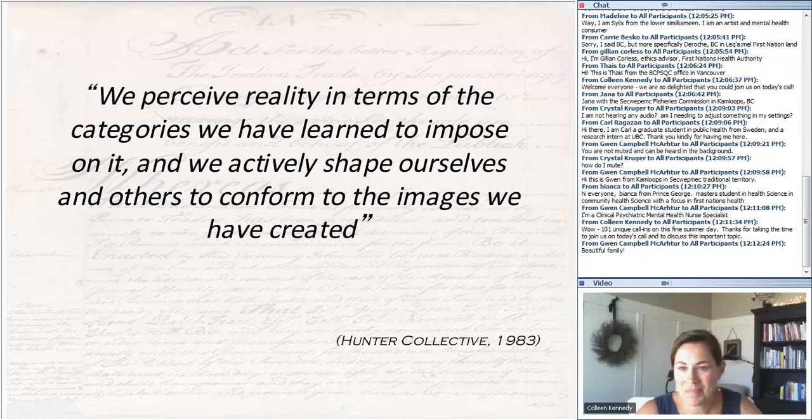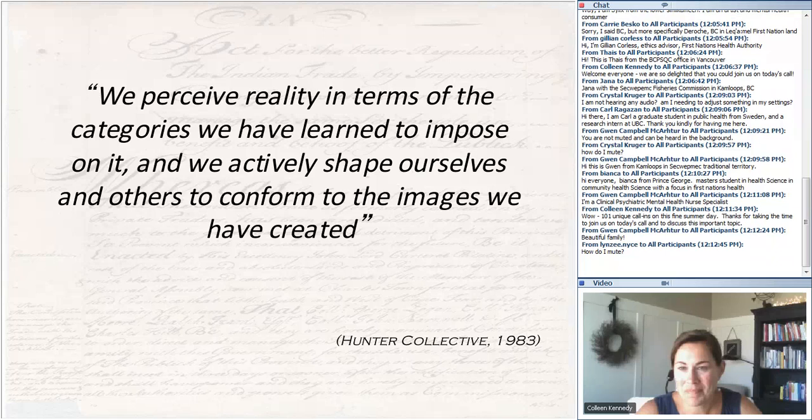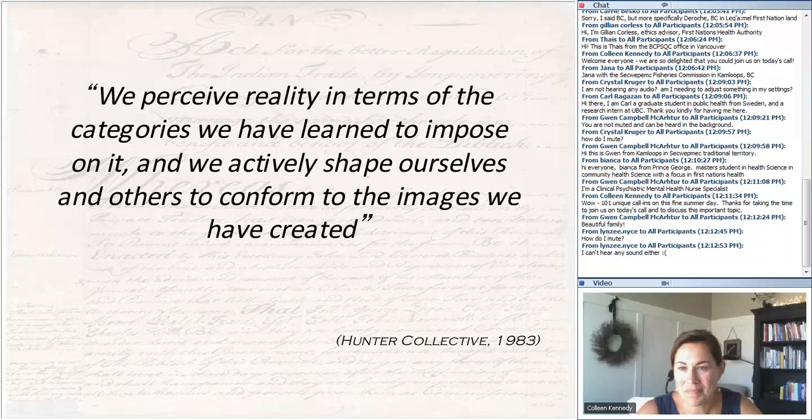I like to begin with this quote. You can see it's 35 years old. It's as relevant today as it's ever been, particularly for the topic we're covering today, which is this notion of race. If we perceive reality in terms of the racial categories we've learned to impose on that reality, that actively shapes us.